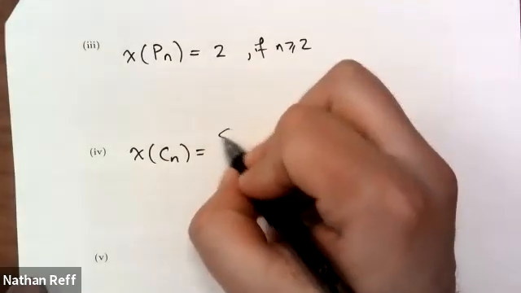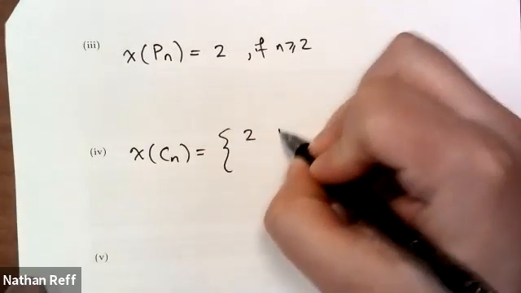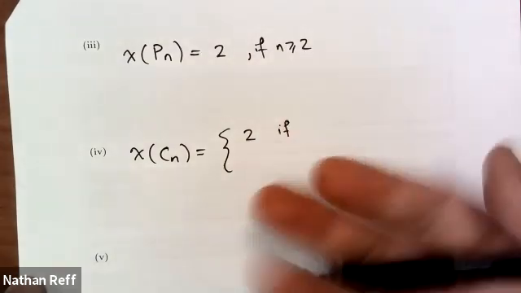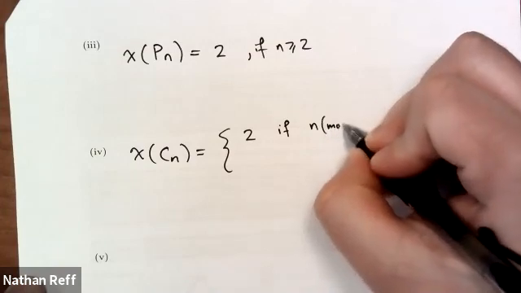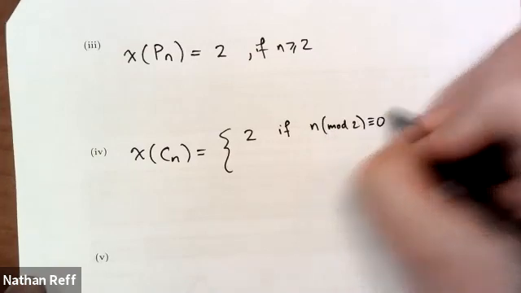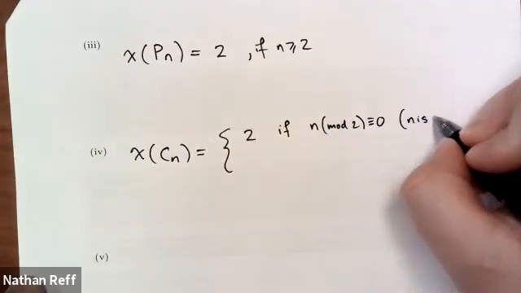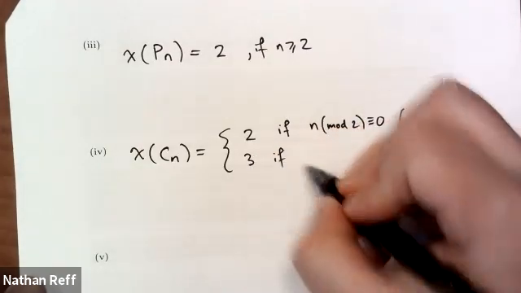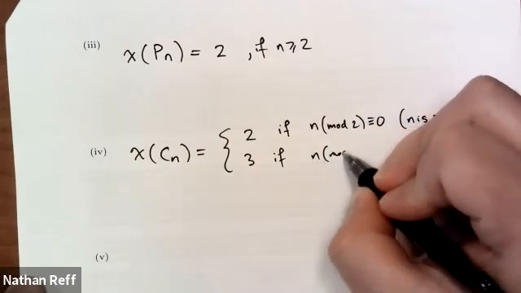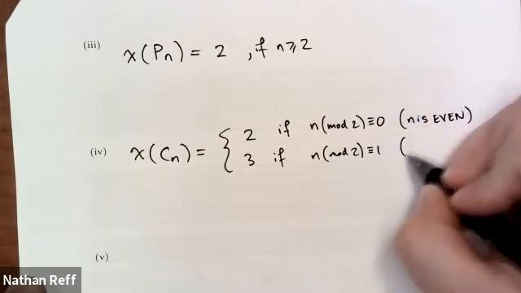And that's pretty much exactly what happens. So it's 2 if n is even. You can either write n mod 2 is congruent to 0, or you could just say n is even. And then it'll be 3 if n mod 2 is congruent to 1, n is odd.